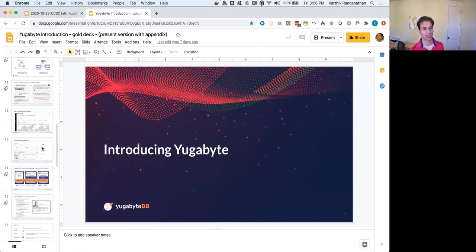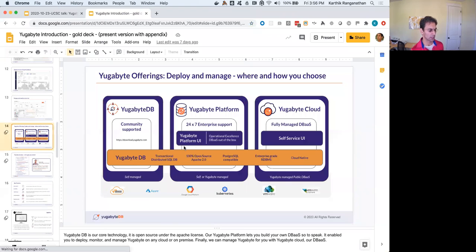So these are our three things. The database itself is core and it's fully open source. The platform gives you enterprise support and orchestration that helps you in turnkey manner to install this on your own account in your public cloud.